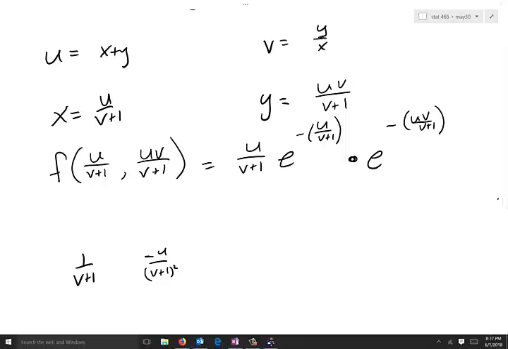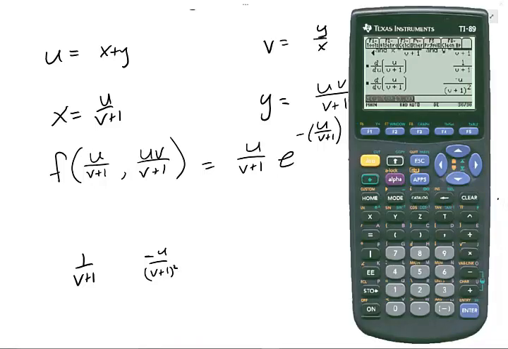Now we'll take the derivative of u times v over v plus 1. This is where it gets a little weird, so pay attention. It's going to be u times v. If you don't put the times there, it will not work. You'll be cussing your calculator, but it's your fault, because Jay told you.